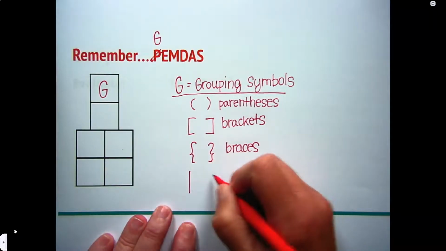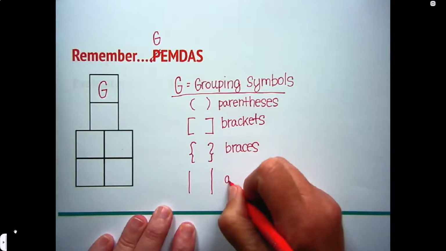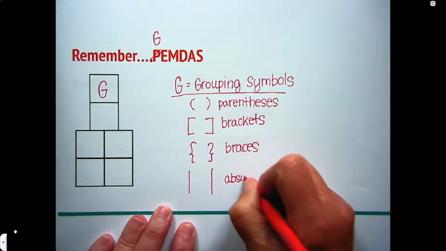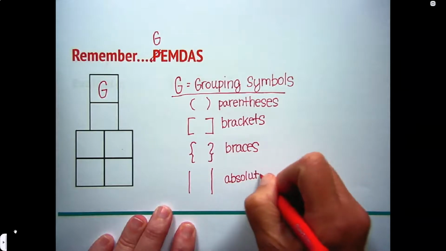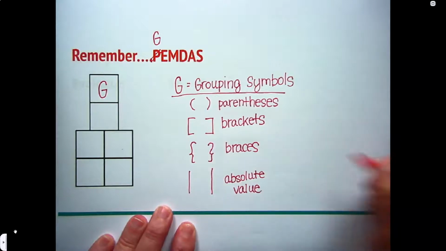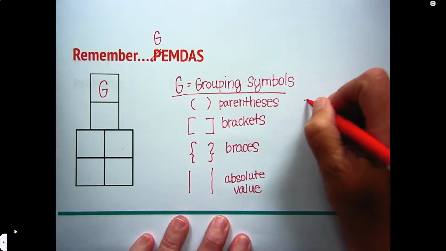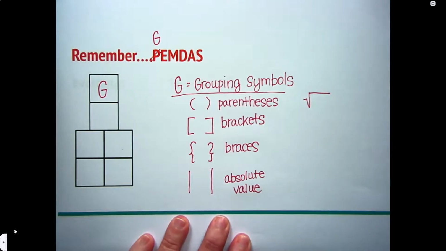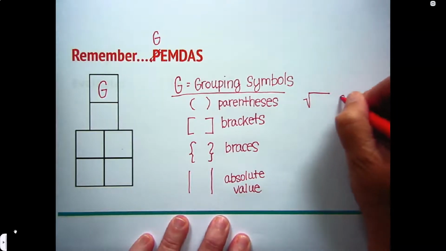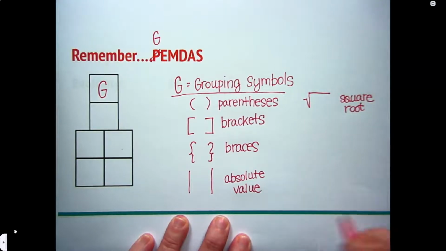I'm sure you've seen these before. Just two vertical bars. Those are absolute value symbols. That would be another type of grouping symbol. Probably have seen that symbol before. That is called a square root. That can be a type of grouping symbol.